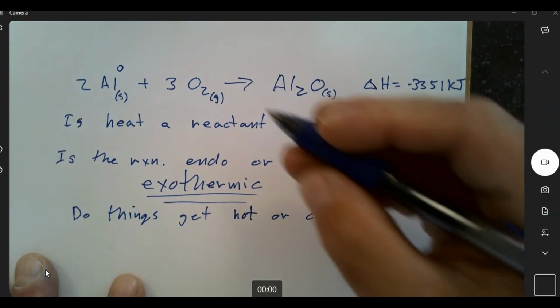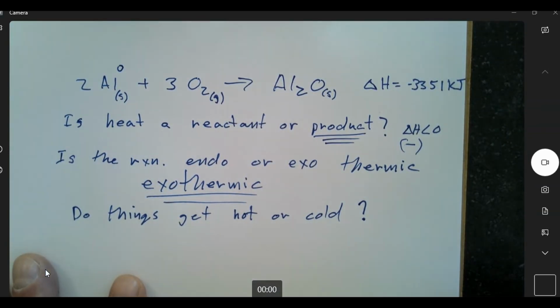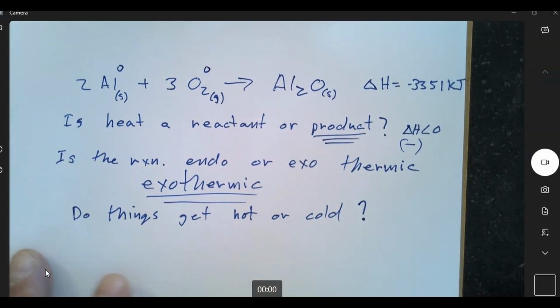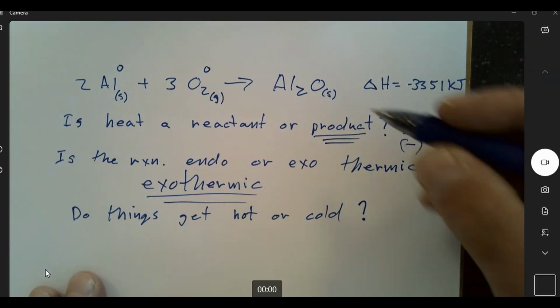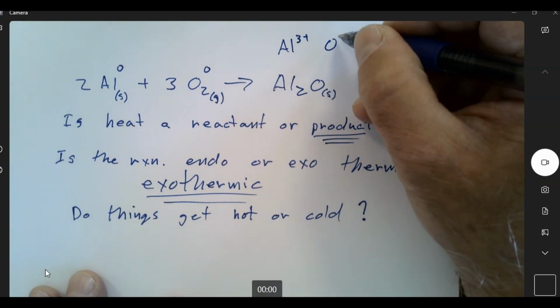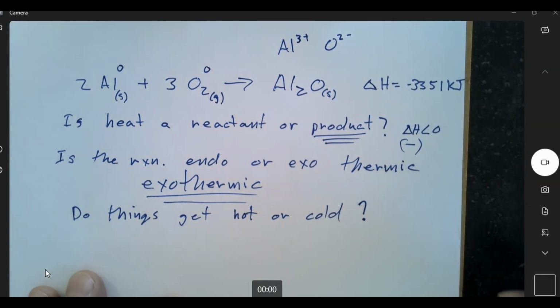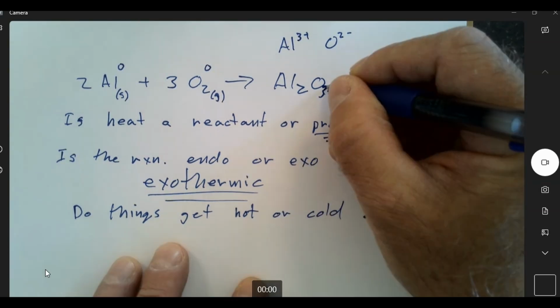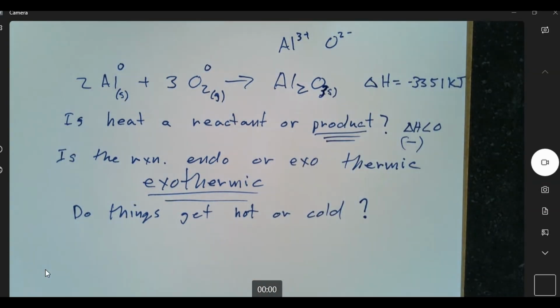It's 0. And what's the oxidation state of oxygen there? It's 0. Any element in its elemental form, 0. Over here we have aluminum in the +3 state, oxygen in the -2 state. And that's why I almost messed up my subscript. That's why we have those subscripts. So yes, it's a synthesis or combination. We could also call it a redox reaction.